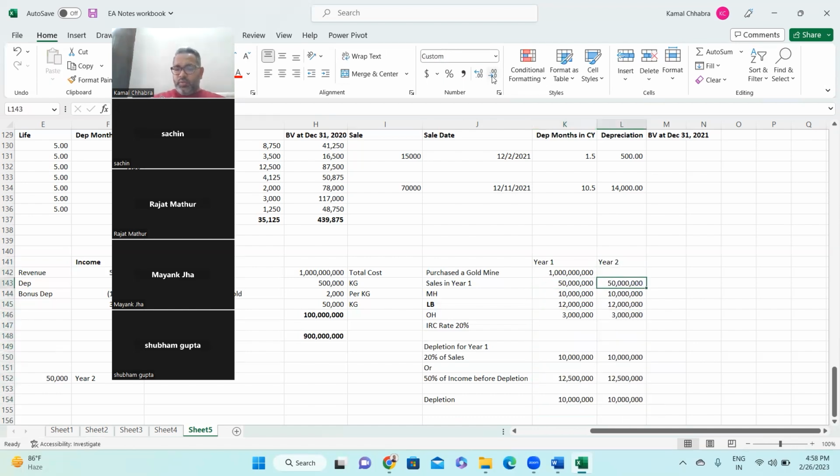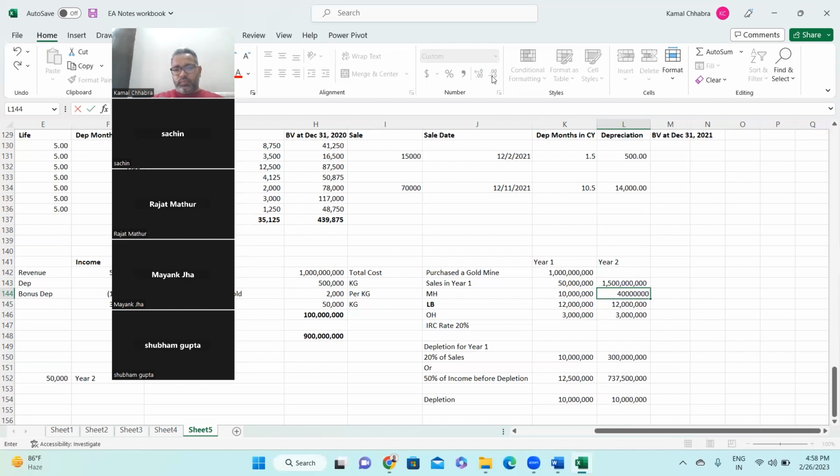In year 2, let's assume you sold this much, and your cost of manufacturing is $400,000, cost of labor is $500,000, and cost of overhead is $200,000.